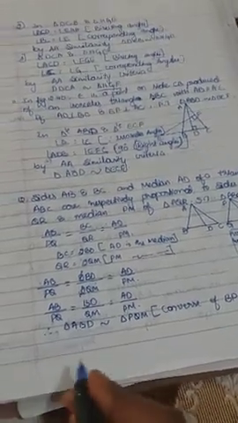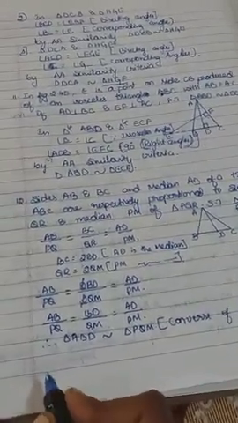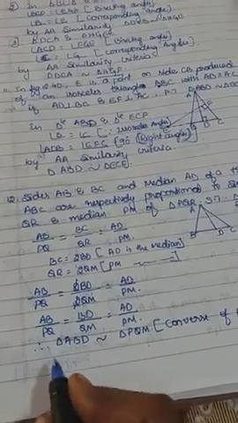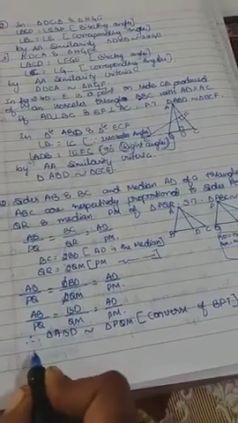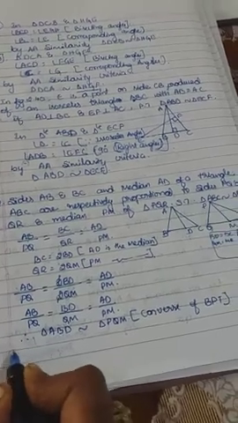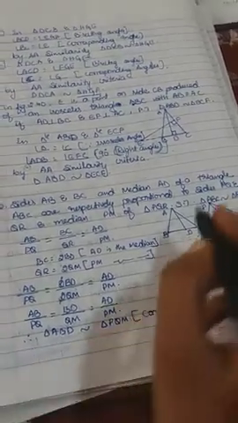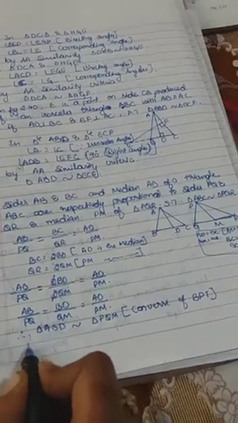Yes, this triangle only we have to take now. So in triangle PQR and ABC, which triangle we have to take? That triangle we have to take.